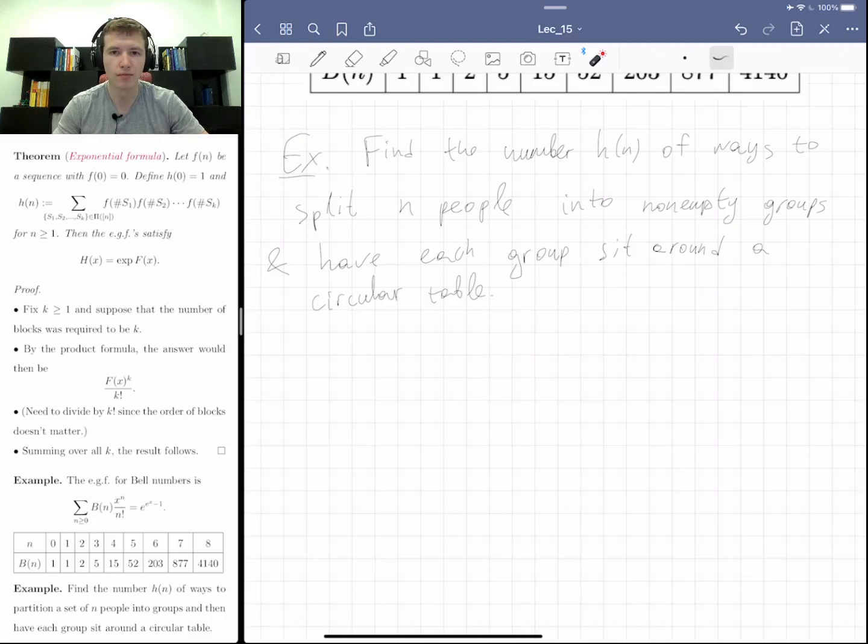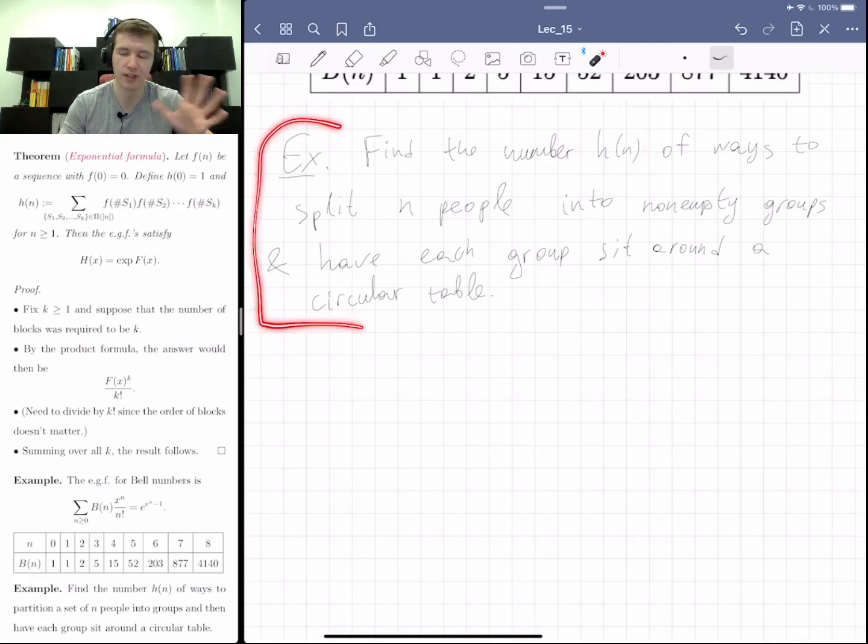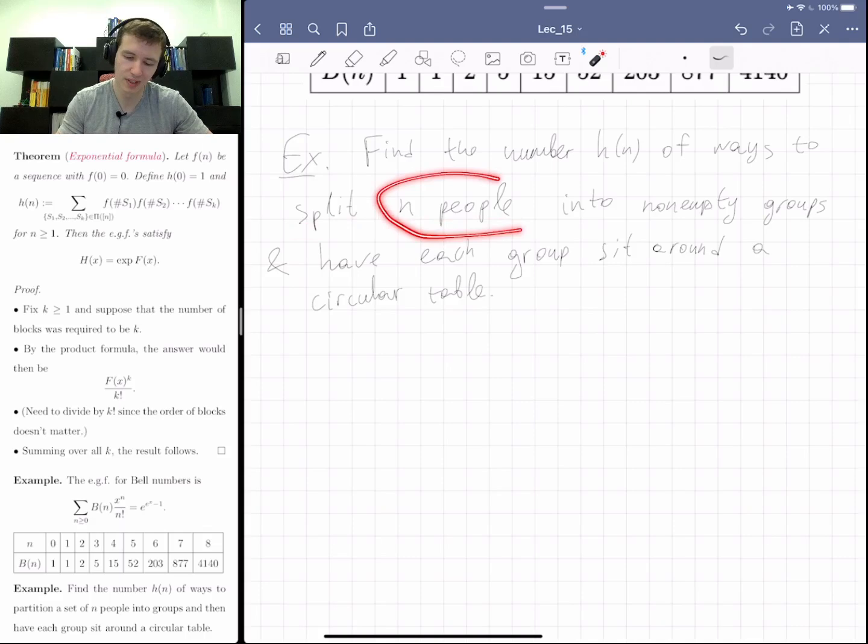Do you remember, or should I give a formal definition? Okay, some people remember. All right, so the question is, what is h of n? Again, this is a purely combinatorial problem. I'm not asking to find any generating functions, but as you see from the problem statement, you want to split bracket n into some non-empty blocks, so it's got to be related to the exponential generating function.